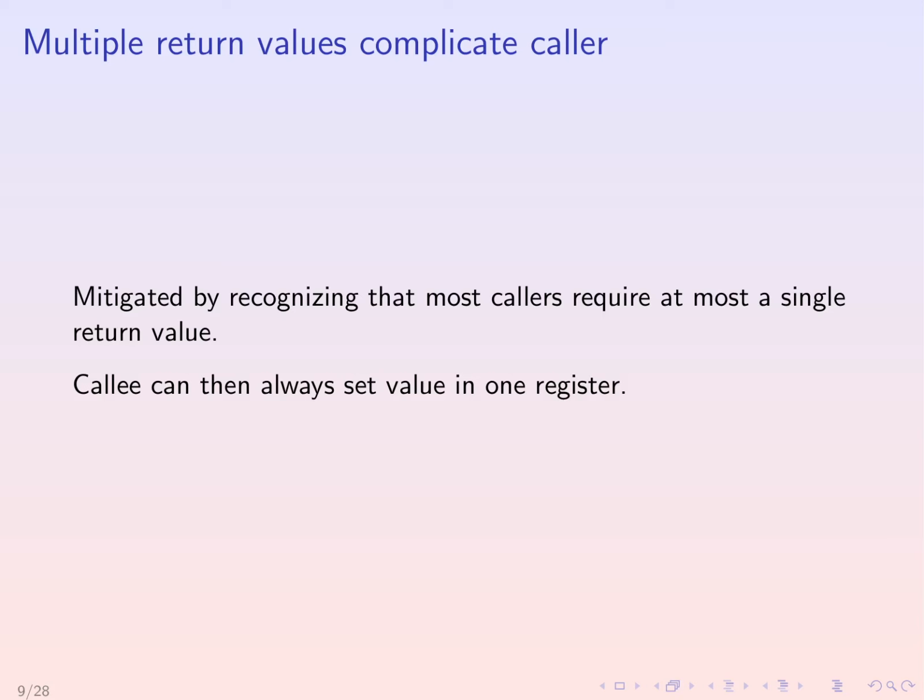This cost can be mitigated by recognizing that most callers require at most one single return value. What the callee can do is then to always set some valid return value, which could be nil, in the first register used for return values. That way, a caller that requires a single return value does not have to check the number of return values, and it can just access the return value in the pre-agreed upon register.